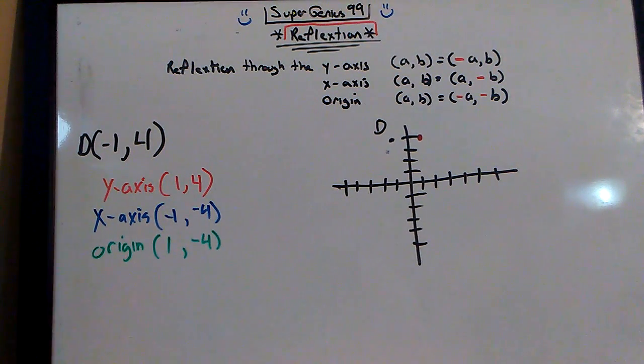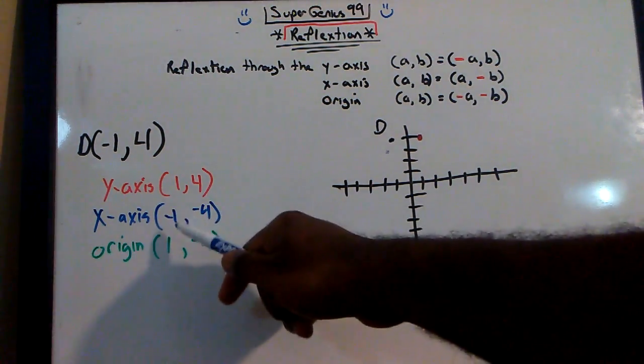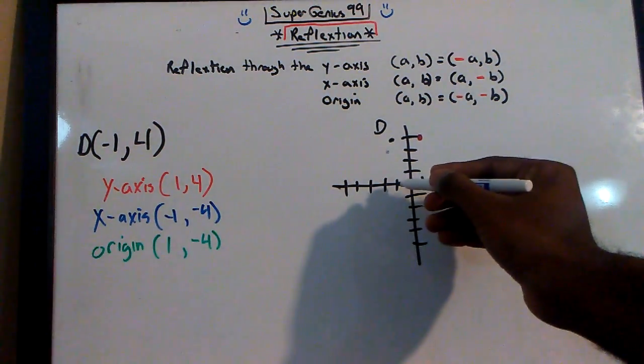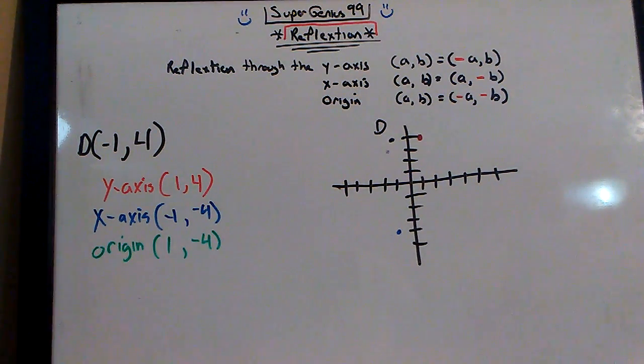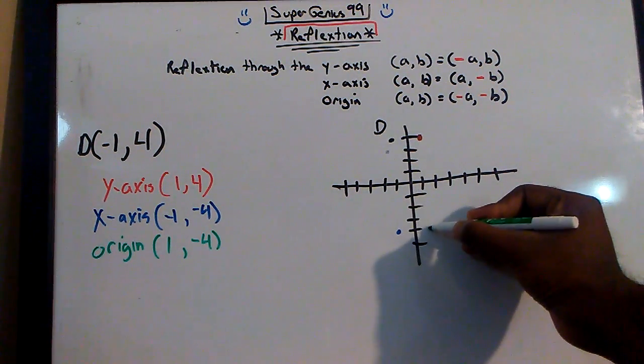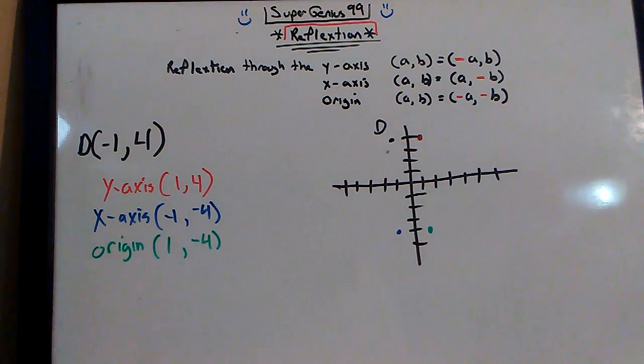The reflection across the x-axis was negative 1, negative 4. And the reflection across the origin was a positive 1, negative 4, right there.